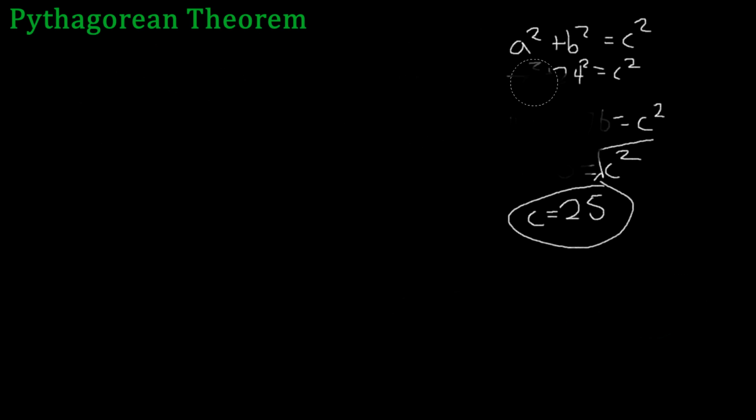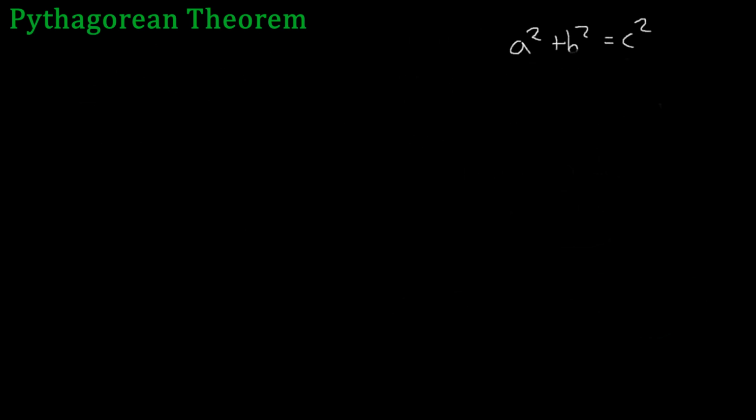So now I'm going to show you a different type of problem, a different type of side that you can solve for. So we have the triangle with the hypotenuse given to us. So we have 14 and 6. So in this case, our equation isn't this.